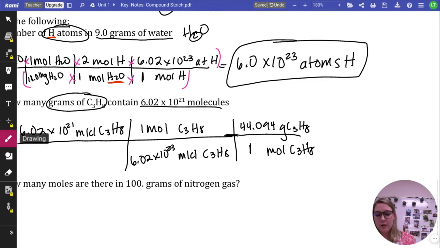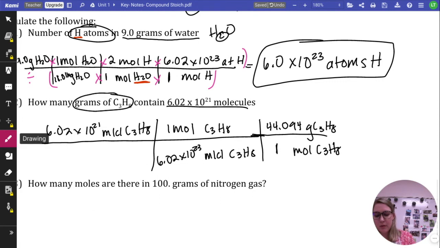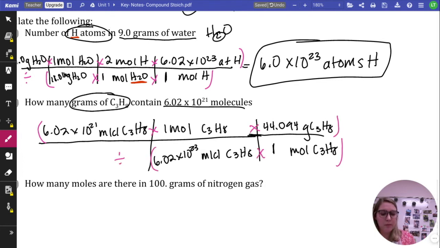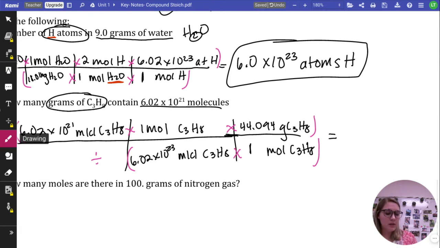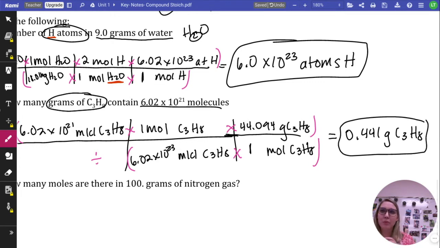So once again, multiply across the top and then divide by the product of the bottom. All right. My given has 3 sig figs, so my answer should have 3 sig figs. So I got 0.441 grams of C3H8. Boom.